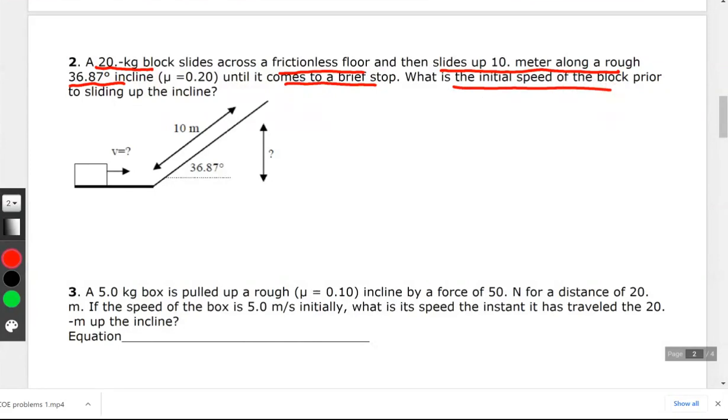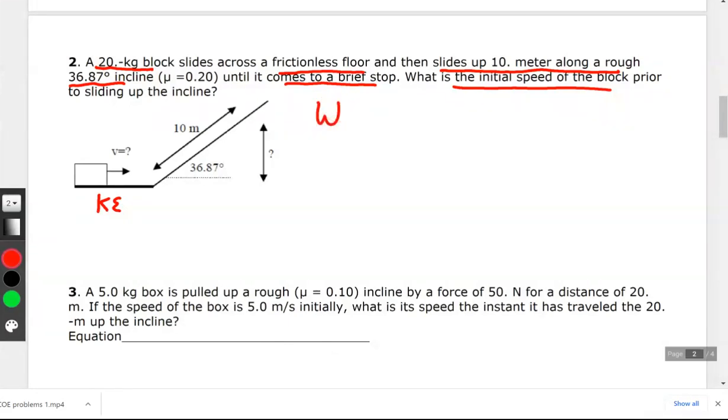Okay, so what do we have here? It's frictionless here. So the only energy we have here is kinetic. And as it's going up, the object gains potential energy, and then it loses kinetic.